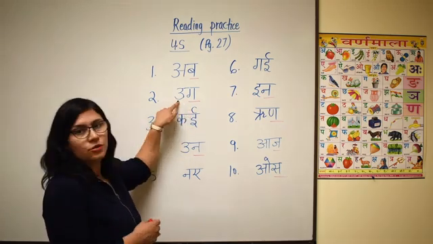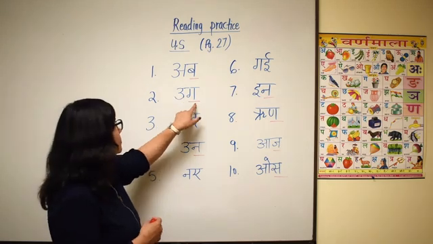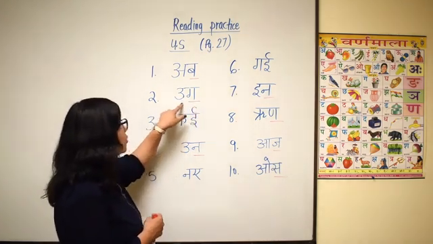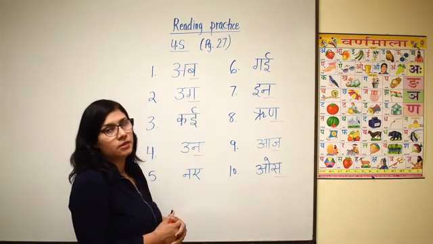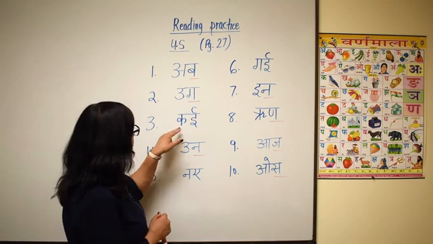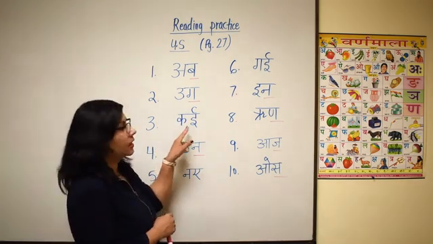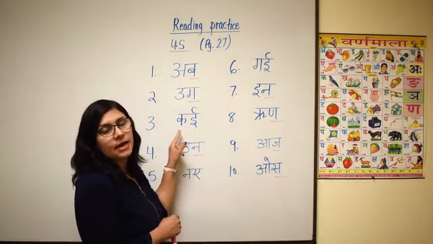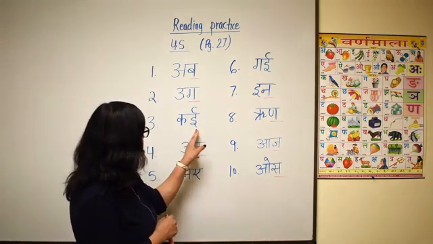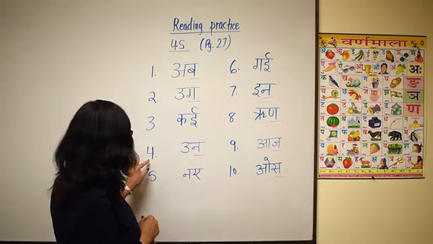Same thing here in the next one. This letter is U, and this one is G. Okay, so we will say ug, ug. Okay. Third one, we have G and E, kai. Okay, so here it's okay because we have a vowel ending. Okay.